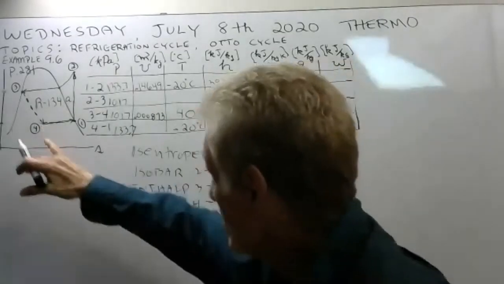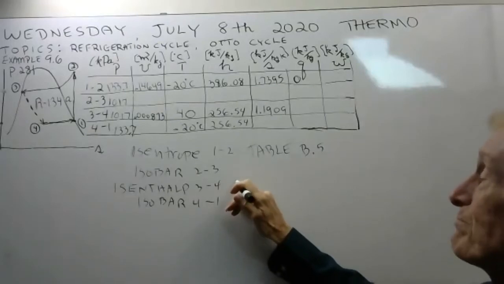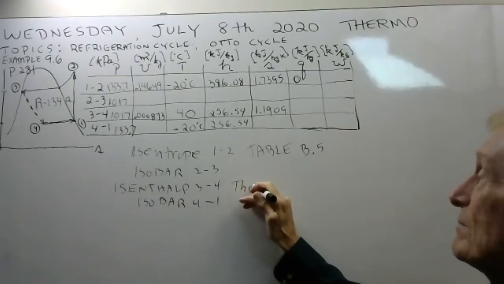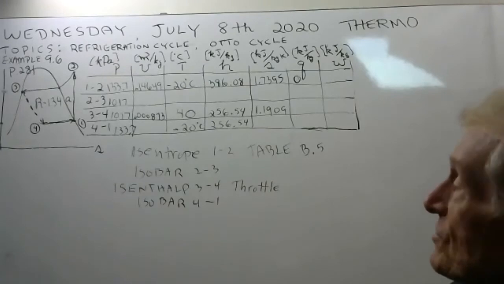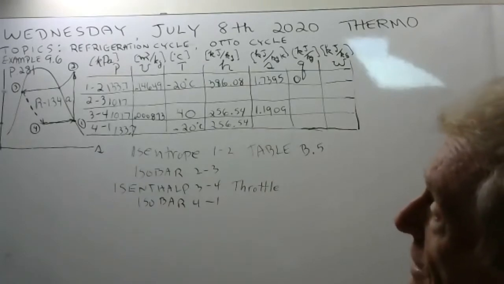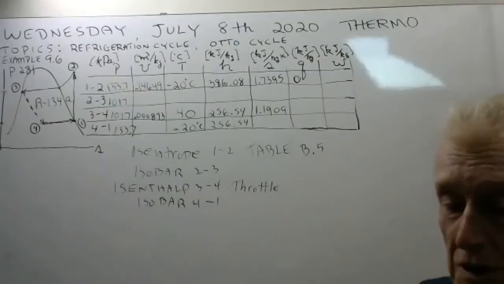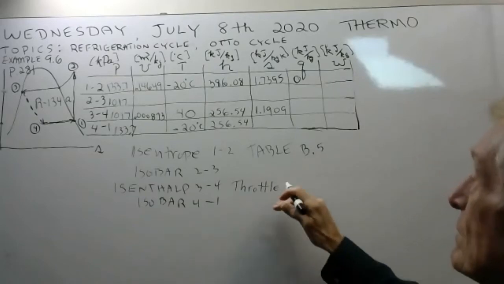See, another name for 3 to 4 is throttling. It's like a throttle, only they don't call it a throttle. They call it, well, you could read the problem. They call it an expansion valve.